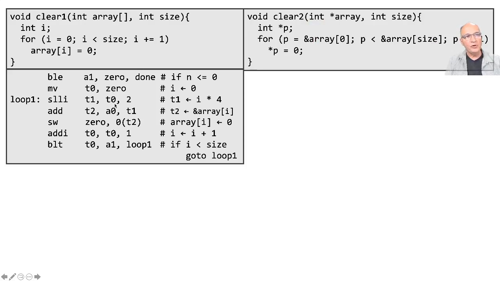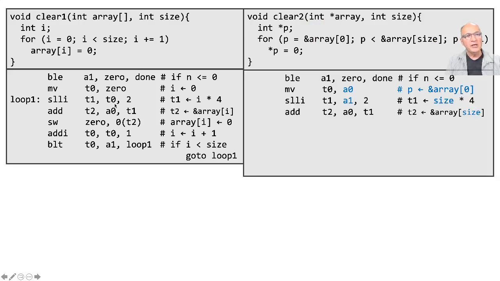Here's the code for my pointer version. In my pointer version, I also first test to see whether n is less than or equal to 0, because in that case, I will terminate the loop. Then I'm going to assign the address of the array's 0 position to the pointer P, which is T0.